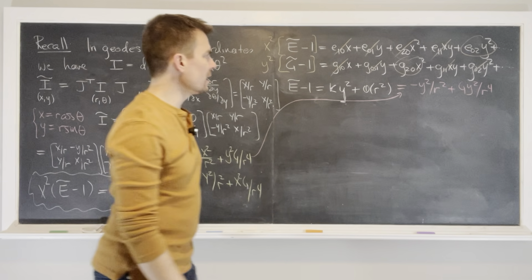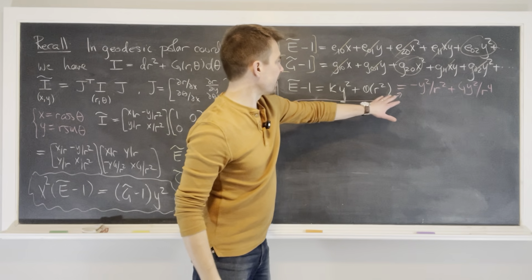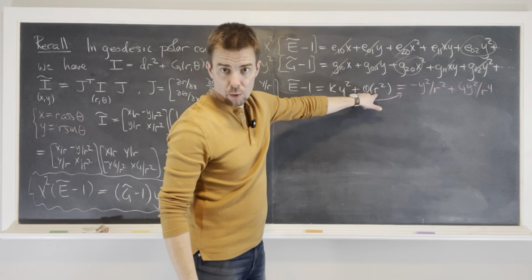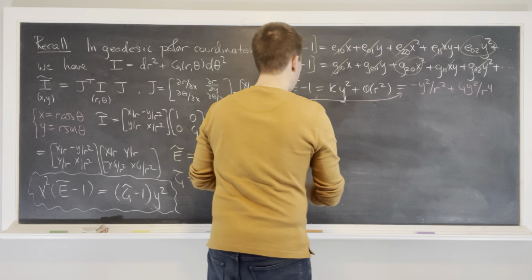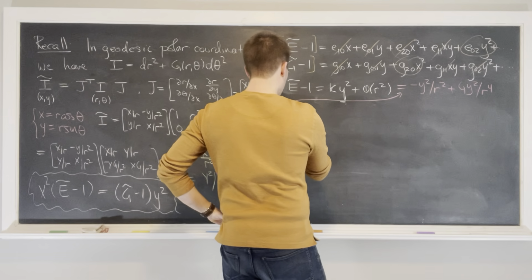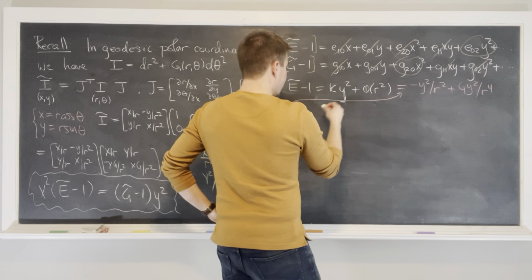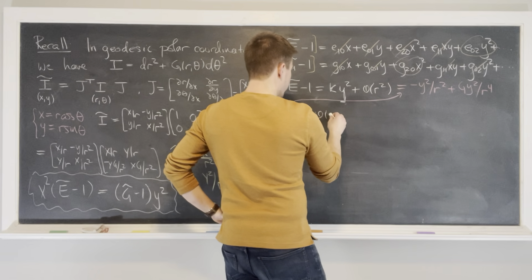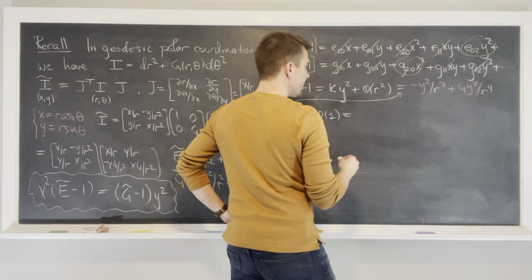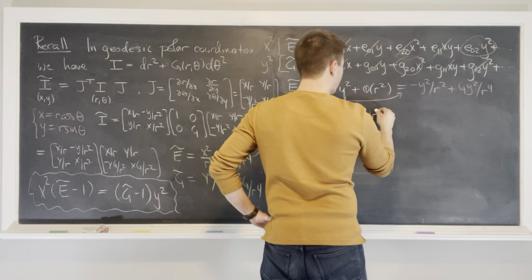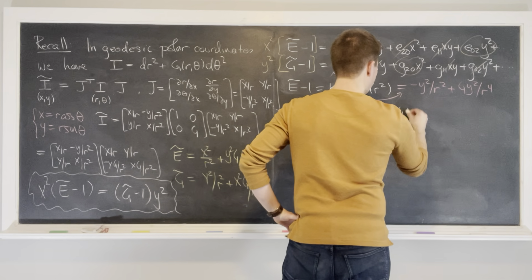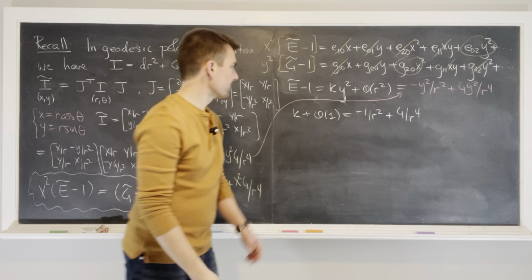Beautiful. I'm going to divide everything by y squared, and if I divide by y squared, this turns into a little o of 1, right? So that tells me, therefore, that k, because y is gone now, plus little o of 1 is equal to negative 1 over r squared plus g over r to the fourth, okay?